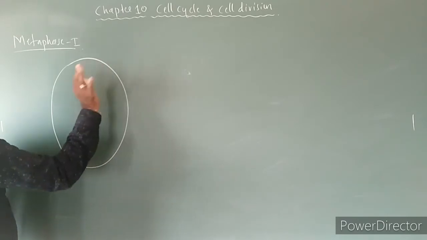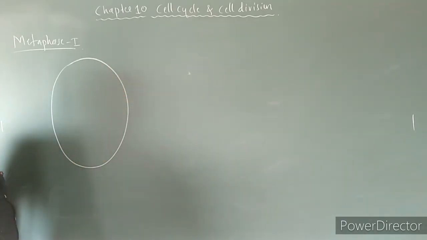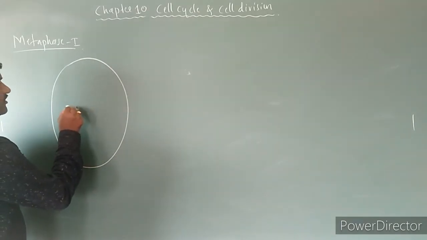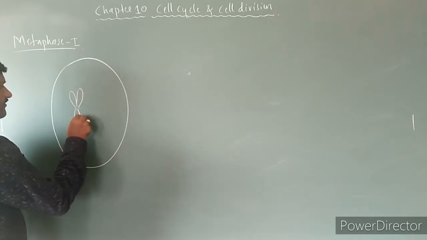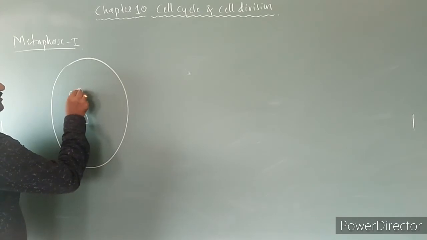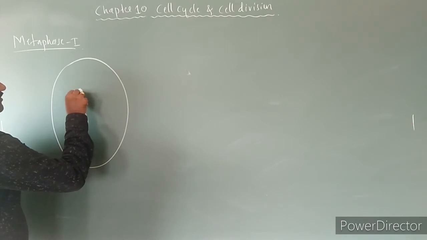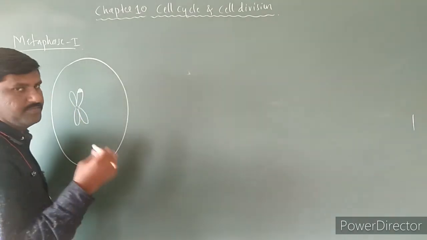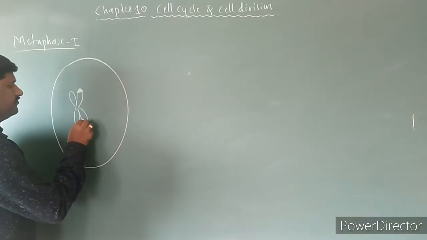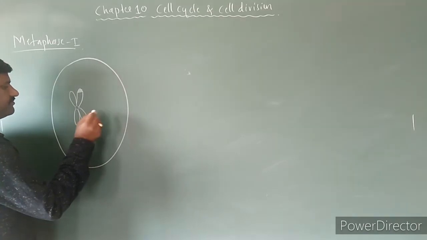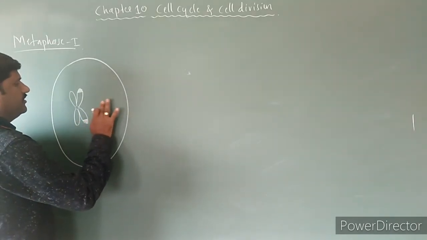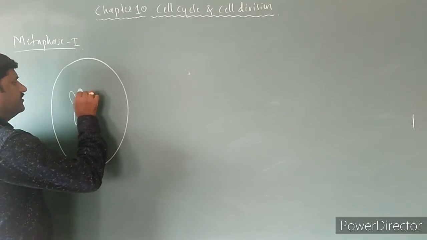No nuclear membrane or nucleolus is seen. Only the chromosomes are lying here, and I am showing them very clearly, to clarify how the chromosomes are. See here, this chromatid has taken a piece of the chromatid from the shaded chromosome, that is, from the paternal or maternal set of chromosomes. And the next chromosome is lying very near to this one.